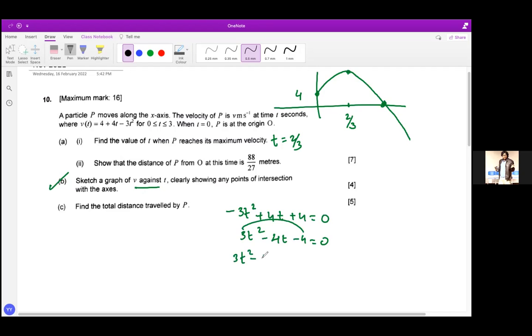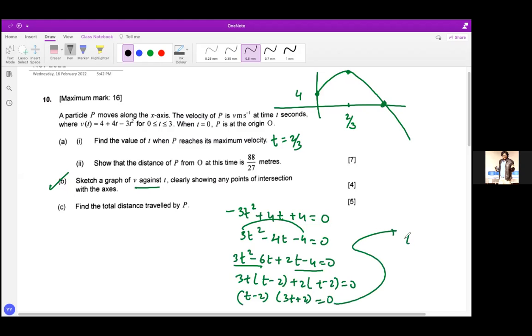So 3t squared minus 6t plus 2t minus 4 equals 0. You take 3t common, and you get t minus 2, plus 2 common, t minus 2, equals 0. So you get t minus 2 and 3t plus 2 equals 0. You're going to get t as 2 or t as -2 by 3. t can't be -2 by 3. So this point is basically t as 2.